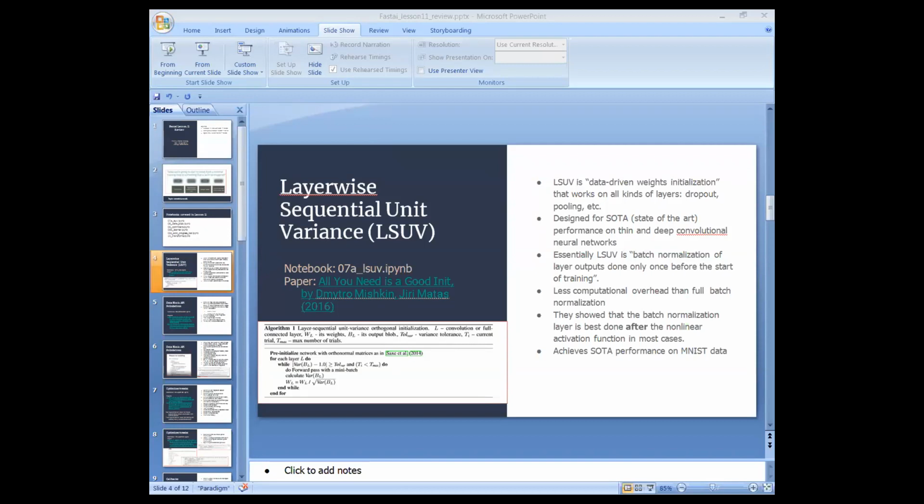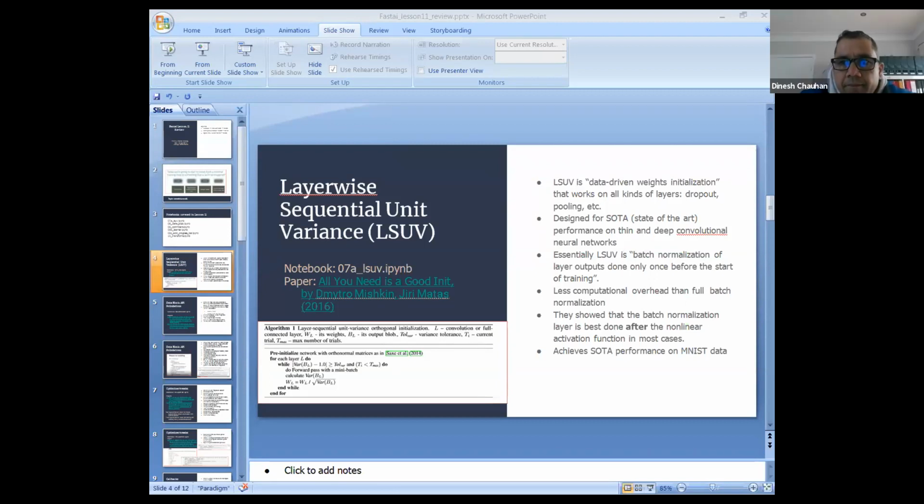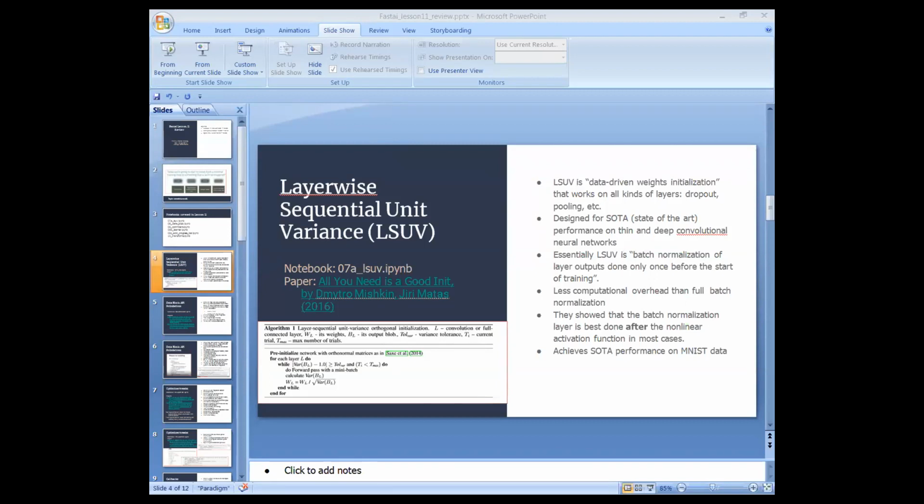The authors say that LSUV is data-driven weights initialization, and it works on all layers. The reason they developed it is that there are all kinds of layers people use in convolutional networks and other networks, which you've already seen. They include dropout layers, pooling layers, average pooling layers, and so on.